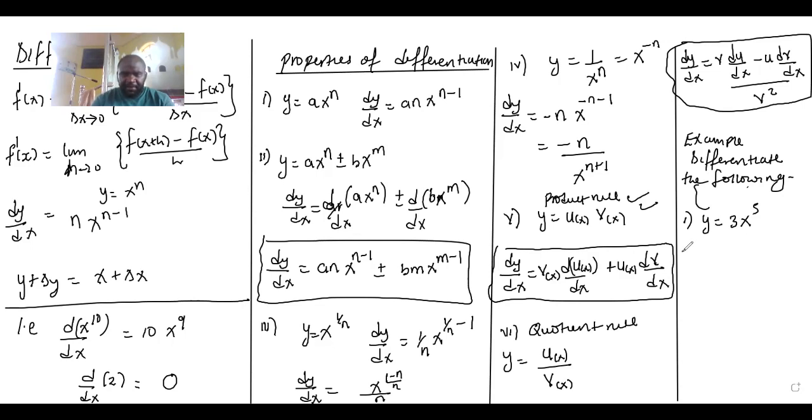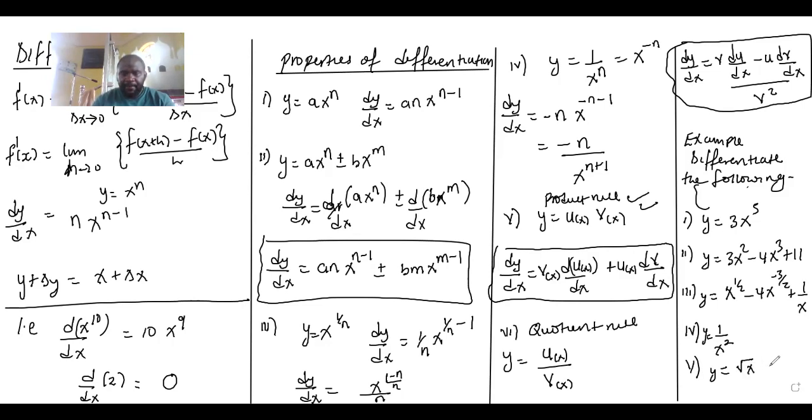3x power 5. 2, y is equal to 3x squared minus 4x cubed plus 11. 3, y is equal to x power a half minus 4x power negative 3 over 2 plus 1 over x. 4, y is equal to 1 over x squared. 5, y is equal to root of x minus 6x power 1 over 6.